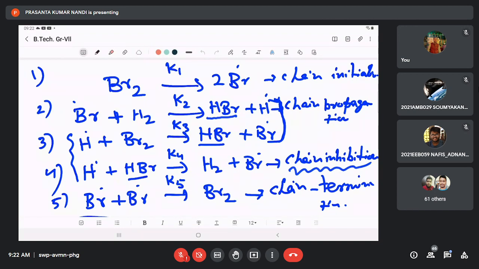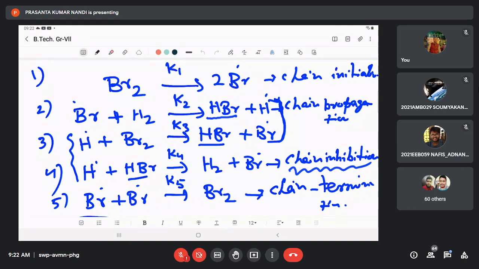So look, step 2 and 3 and step 4 are different, because the product formed in step 2 and 3 partly decomposes to produce back the reactant molecule H2 and generates the radical Br dot. And finally, in step 5, the two bromine free radicals react to produce back another reactant molecule, bromine. This we call the chain termination step.